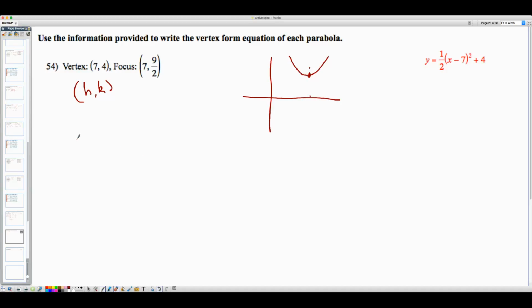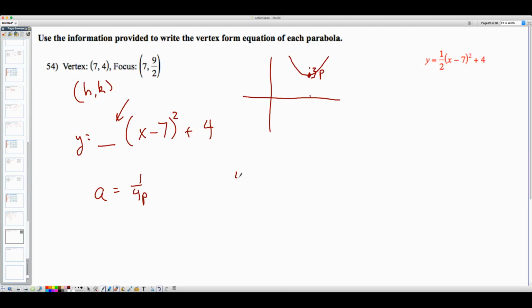And I can write that as y equals something times x minus the h squared plus the k. Now the question is, what is this value? This value is equal to 1 over 4p. And what is p equal to? Well, p is my difference between here. This distance here is equal to p.